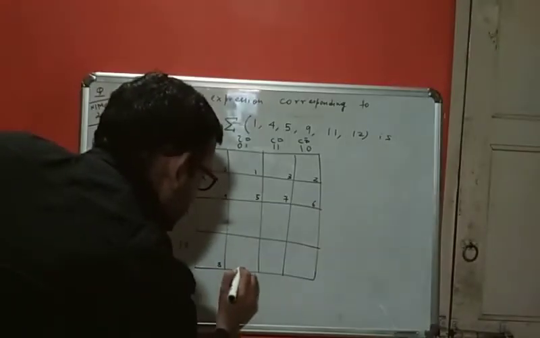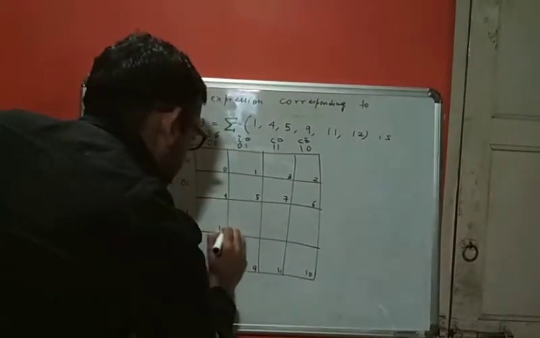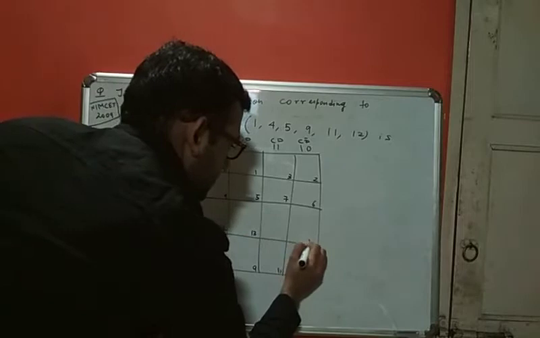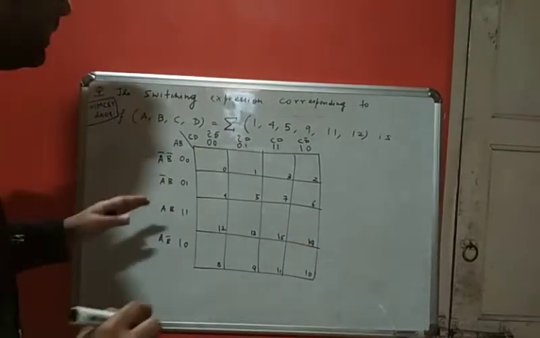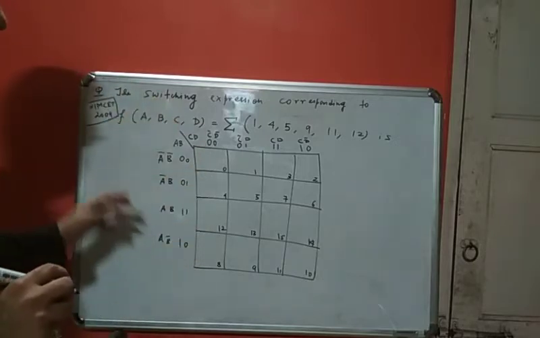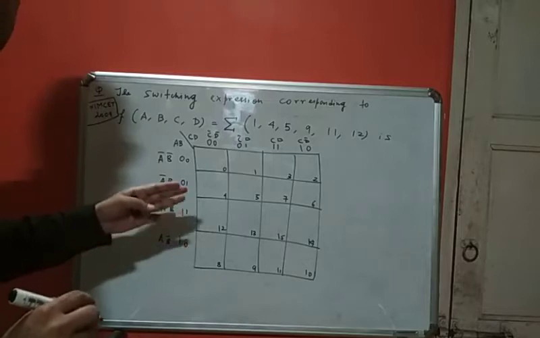A completely labeled K-map will make simplification a lot faster. So you might be thinking that constructing this K-map is taking up a lot of time, but this complete construction will enable us to get to the solution a lot faster.